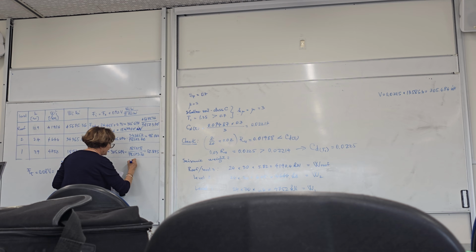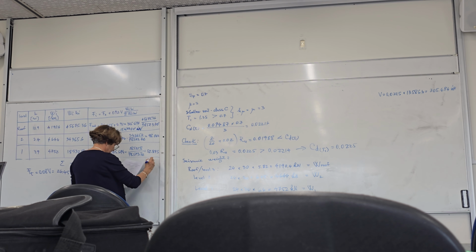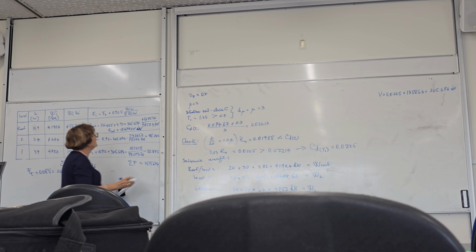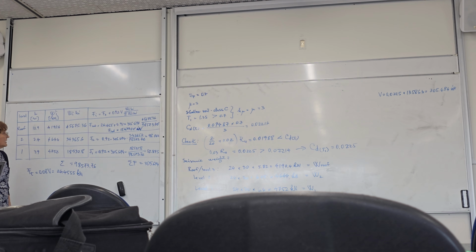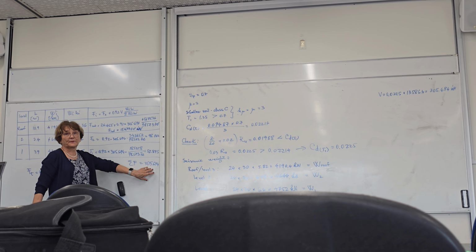Now the sum of F has to be equal to 305.694. If you find a different number, that means somewhere there is a mistake. Yes, this is your check.